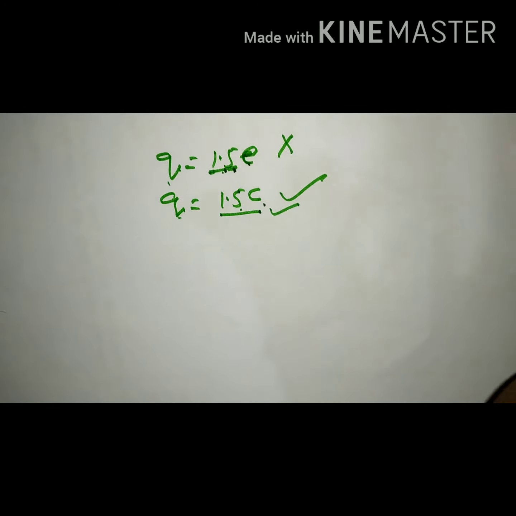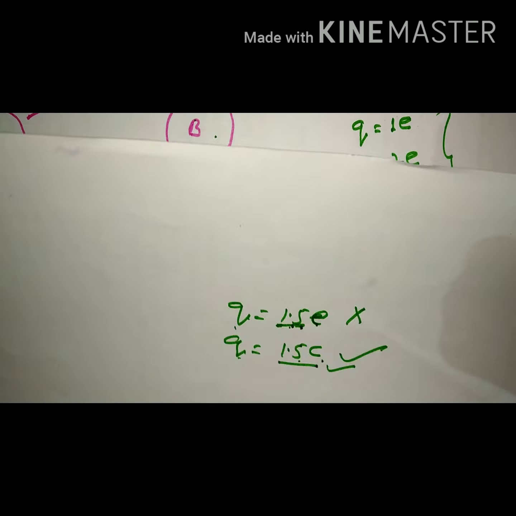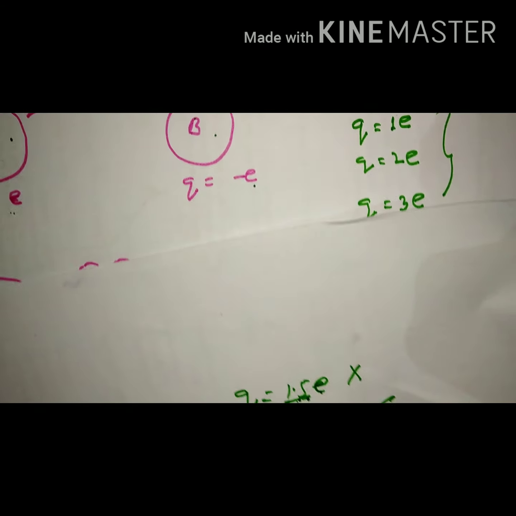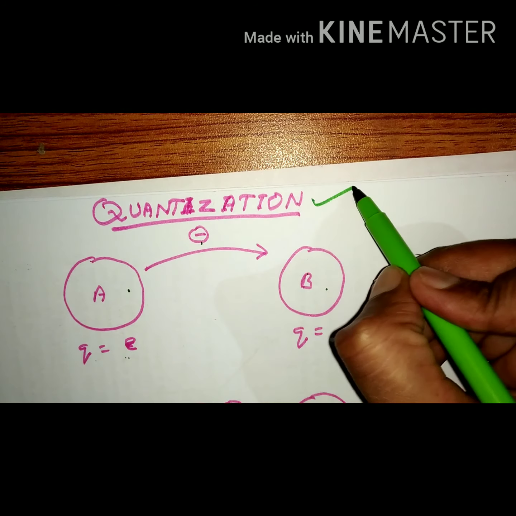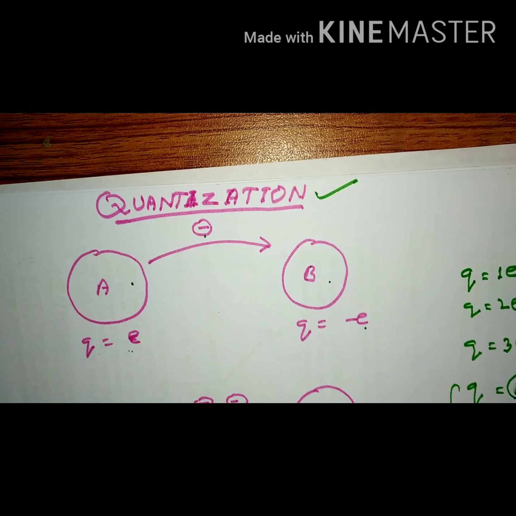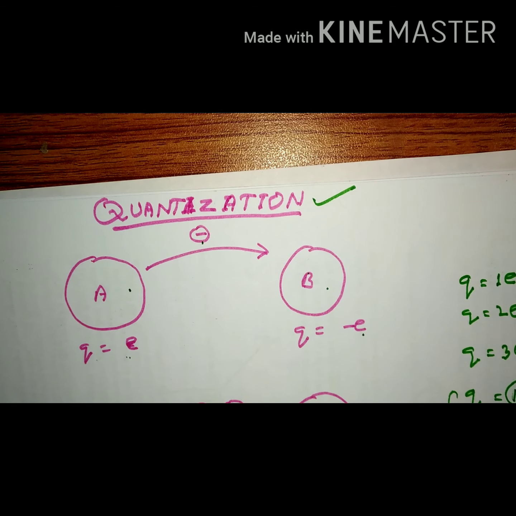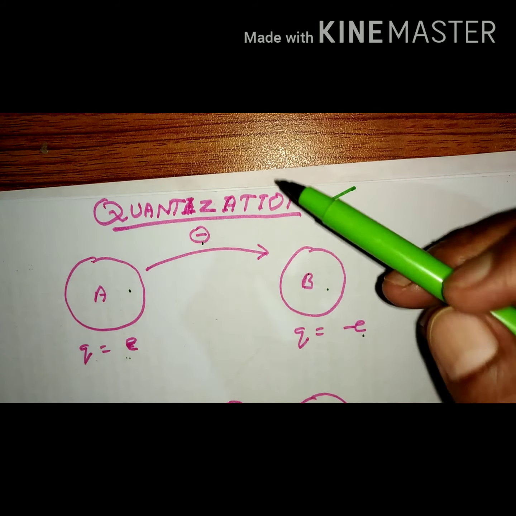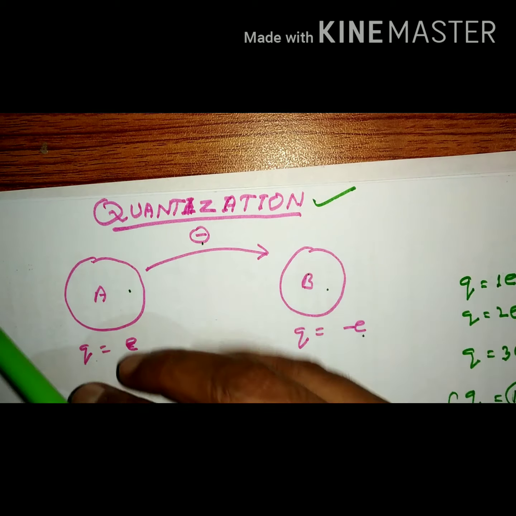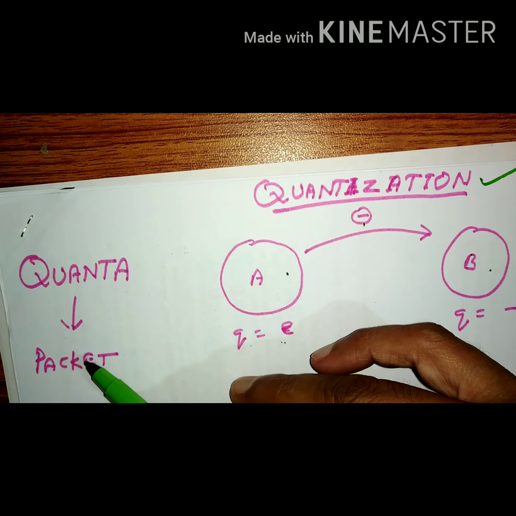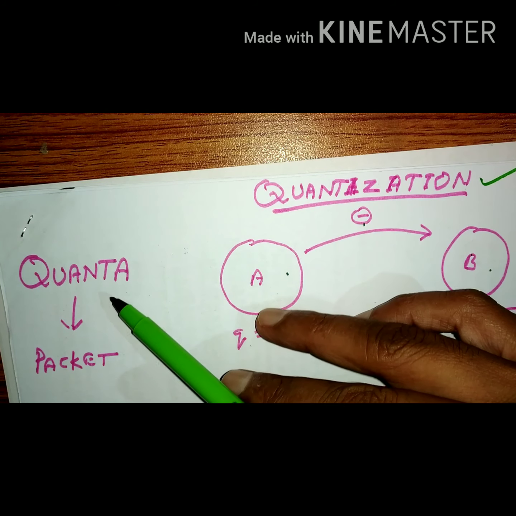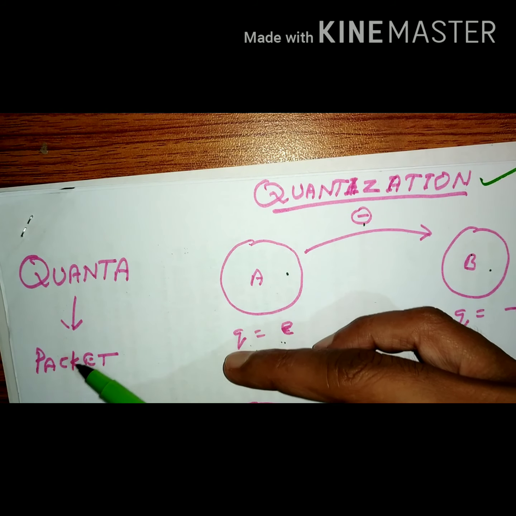So if we speak about the properties of charges, the first property is the quantization of charges. Once again, I am repeating, note it down. The first property of charge is quantization. As I told, quanta means packet, so quantization refers to the packaging of elementary charge.